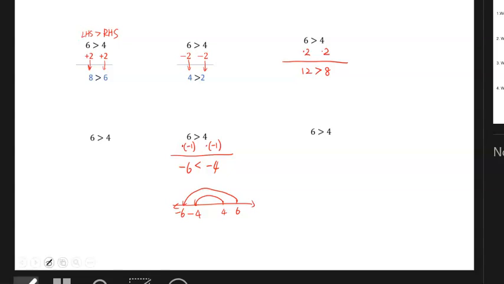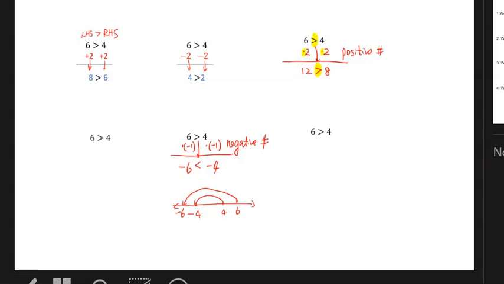So what we need to pay attention to is, when we multiply both sides by a positive number, we don't need to worry about the sign change; the sign stays. But if we multiply both sides by a negative number, we have to remember to flip the sign. So greater than becomes less than.